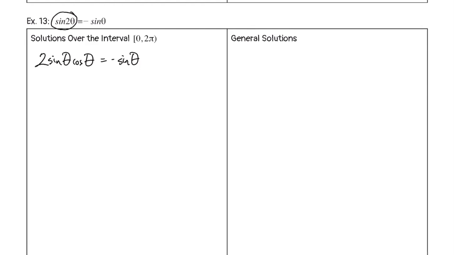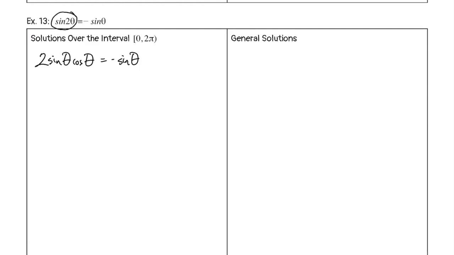Okay, I'll give you a hint on what we don't do. We do not divide the sines away from both sides. So if you did that, just erase it, don't do it, okay? We're going to move everything to one side, set it equal to 0, okay?